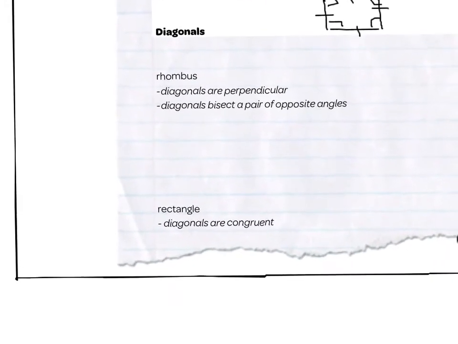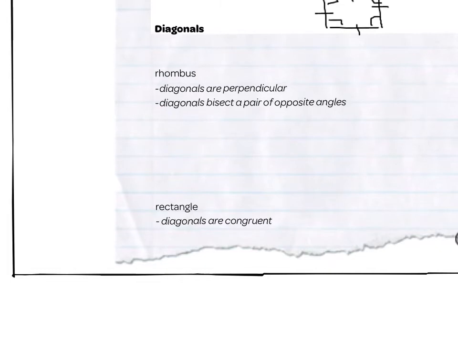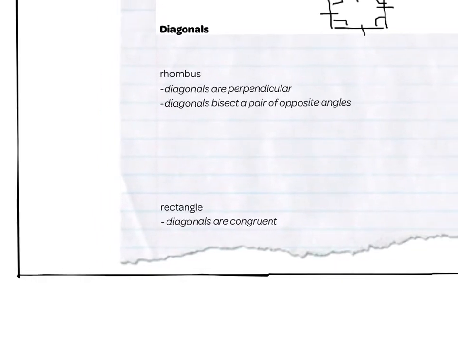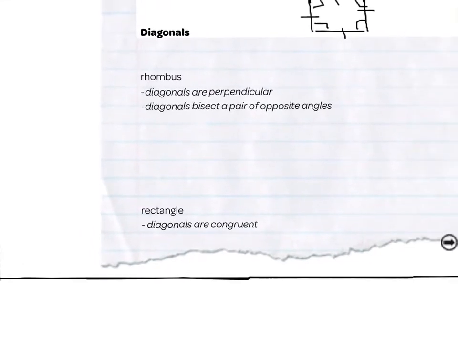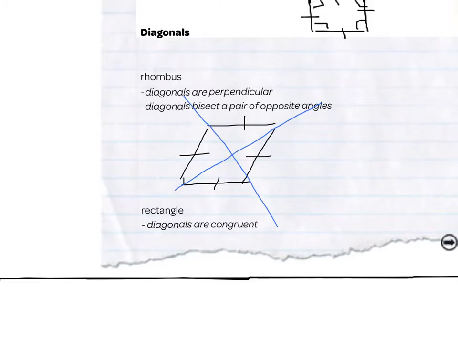So let's talk about the actual diagonals of these figures. If we look more closely at a rhombus, it is really cool in the sense that a rhombus, let's draw one here, while it has its 4 sides congruent, also has diagonals, when you draw them in, that are perpendicular, which means they meet and form 4 right angles.